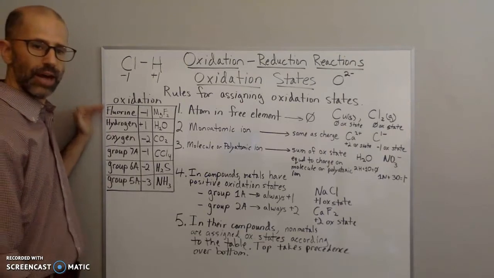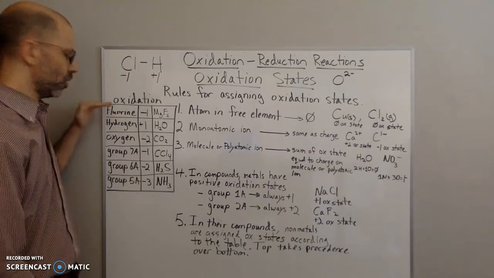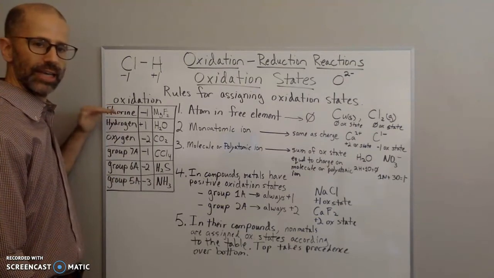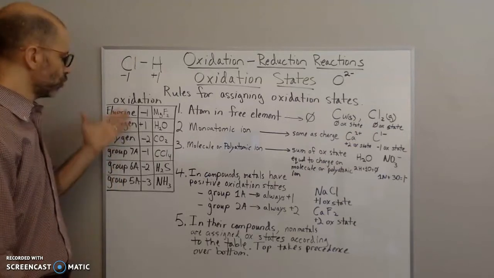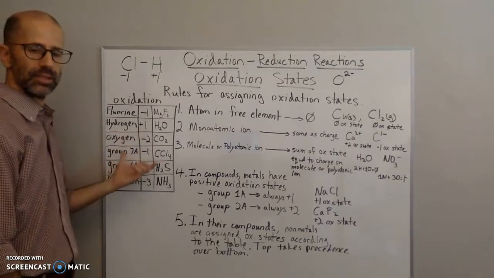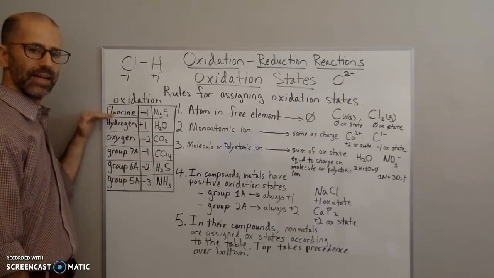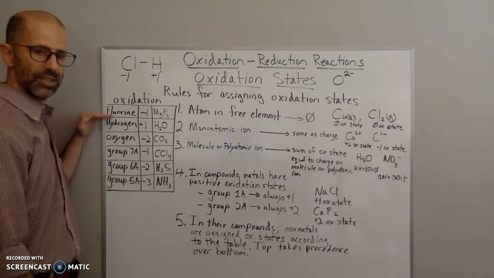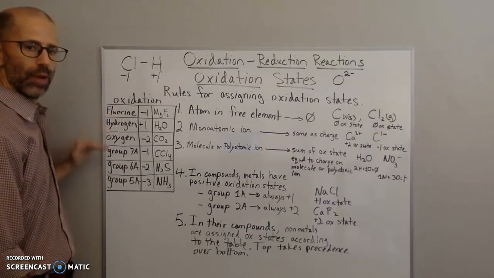And this table here has a hierarchy or precedence. So the elements that are higher in the table take precedence over those in the lower. So if you have compounds made up of these elements, you're going to assign the oxidation states to the ones that are higher first and move your way down.